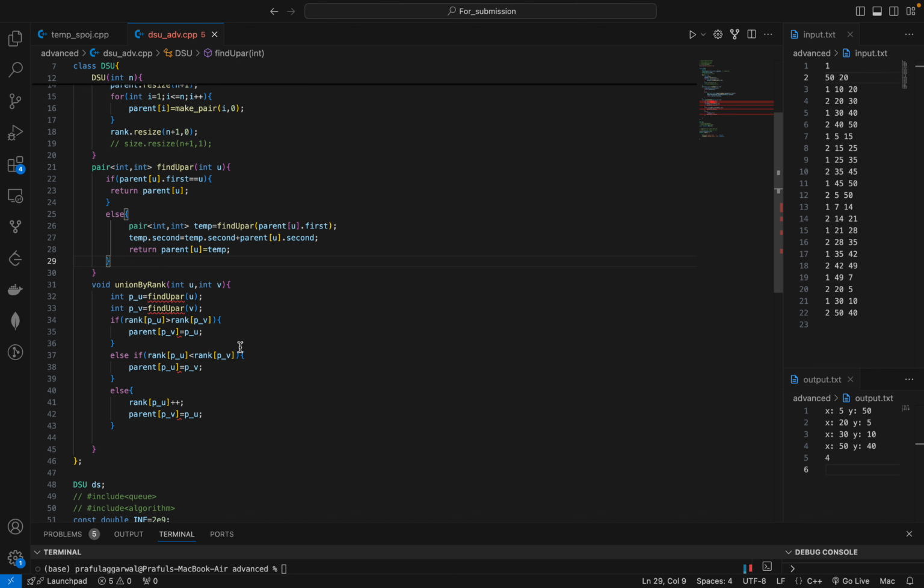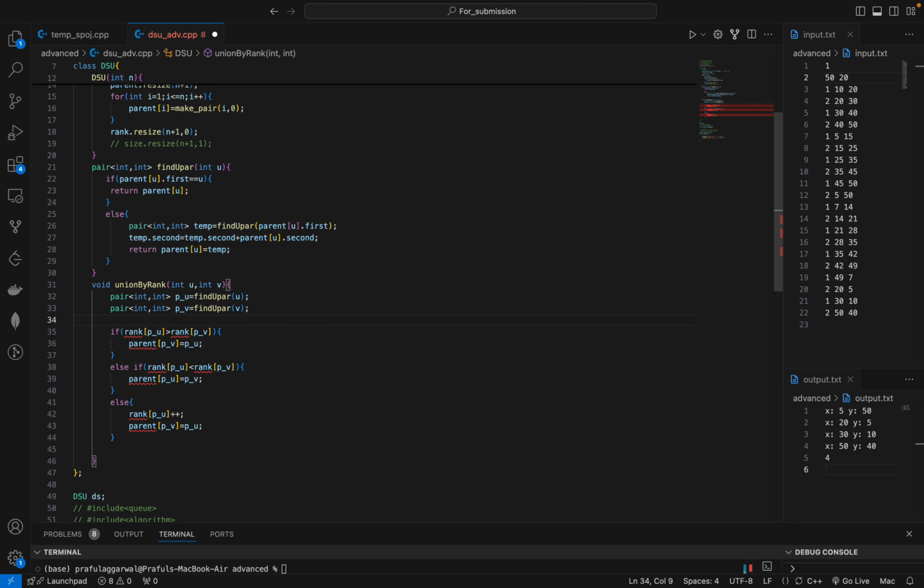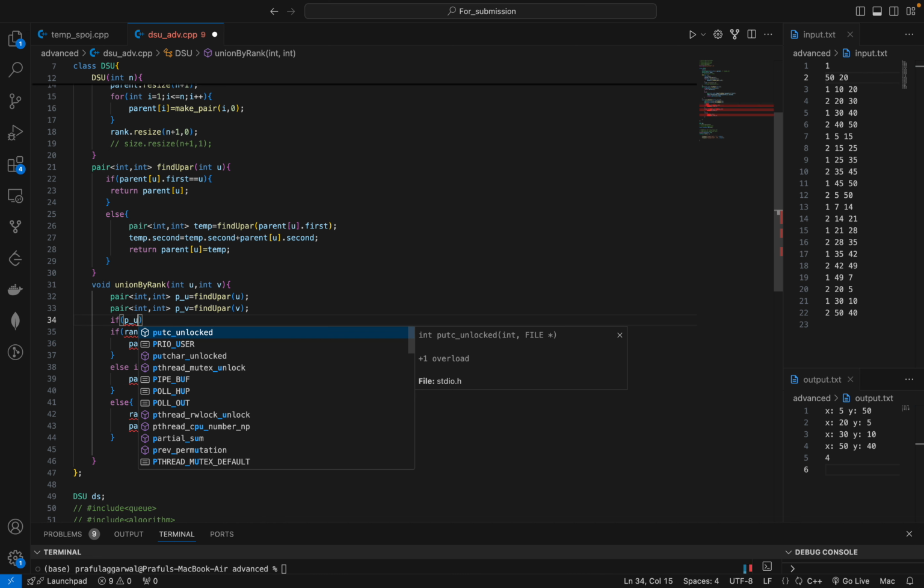Now while the union, how will we do that? Firstly, in this case it will be a pair, not int like in regular DSU. It will be pair this time. So yeah, now we have ultimate parent of u and ultimate parent of v. Now we check if the ultimate parents are same.